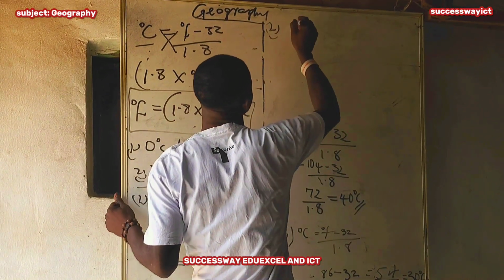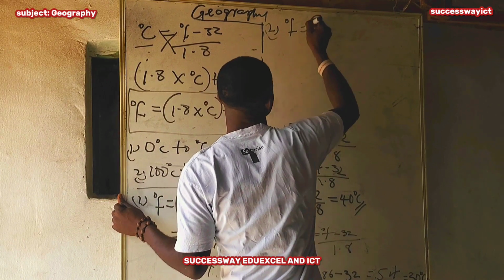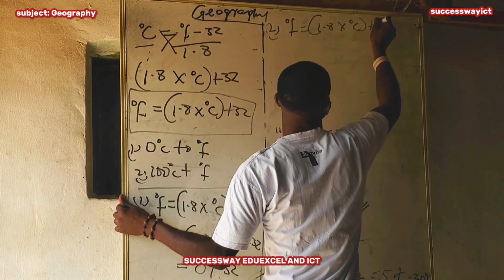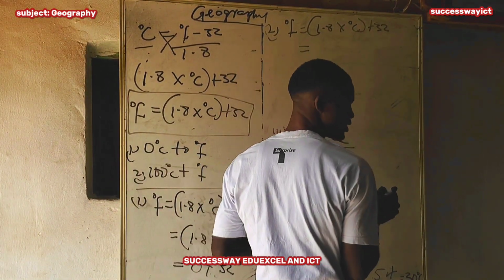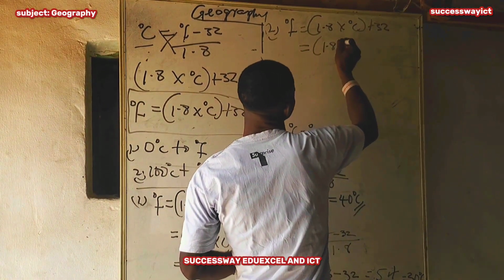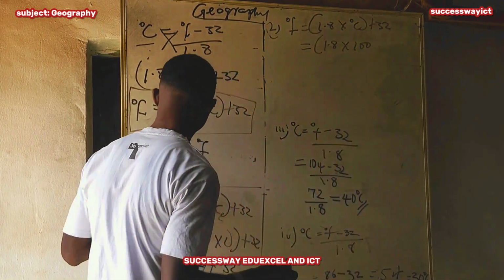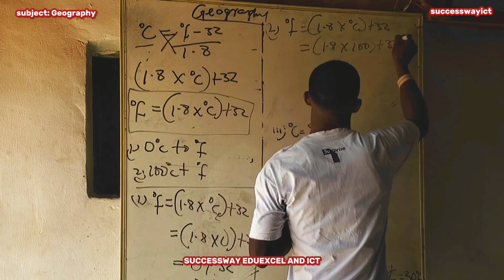Number 2, degree Fahrenheit equals 1.8 times degree centigrade plus 32, which is 1.8 times 100 plus 32.